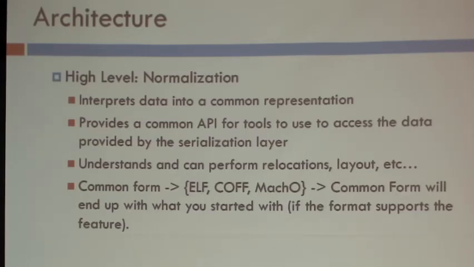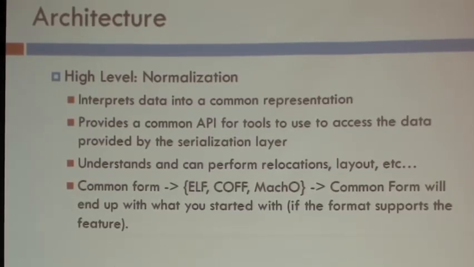An important invariant I wanted to keep at this level that you can't have at the serialization level is that if you go from the common form to all the independent individual forms back to the common form, you'll end up with what you started with. And of course, that only works if the format supports a feature. For example, a raw binary isn't going to support relocations.